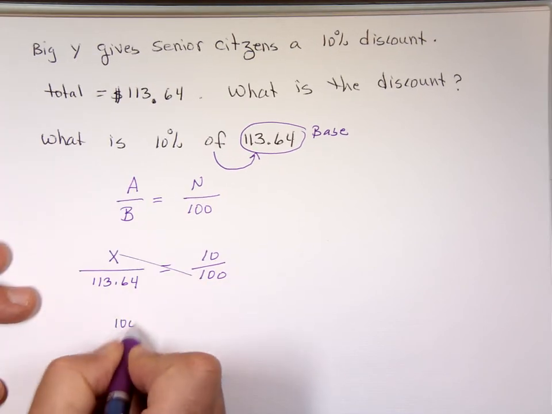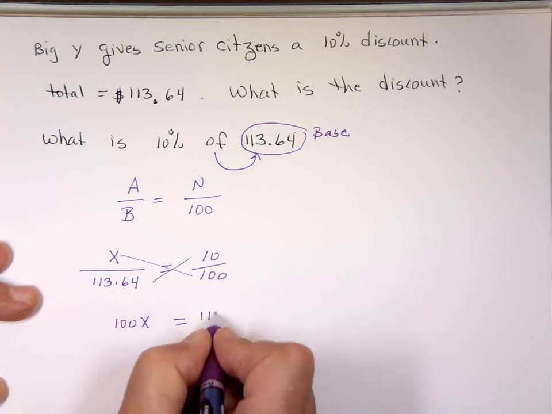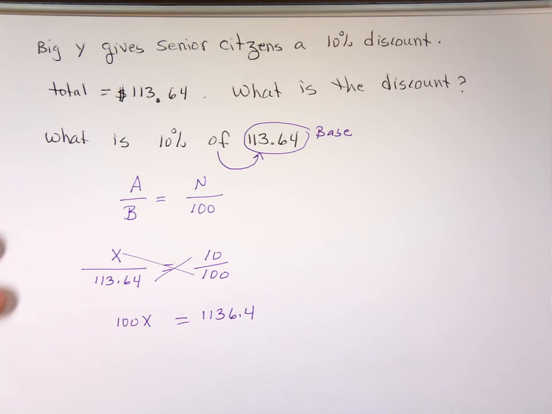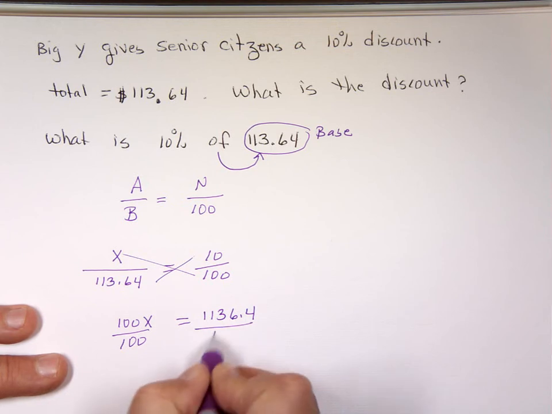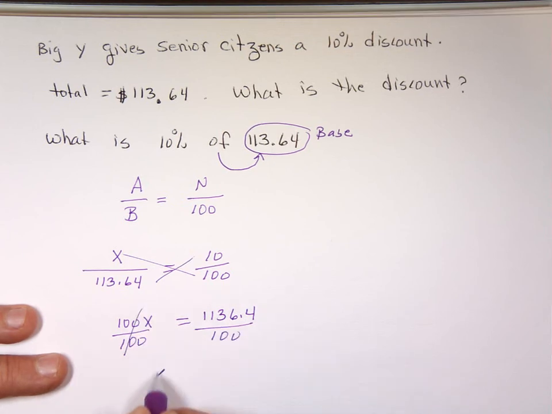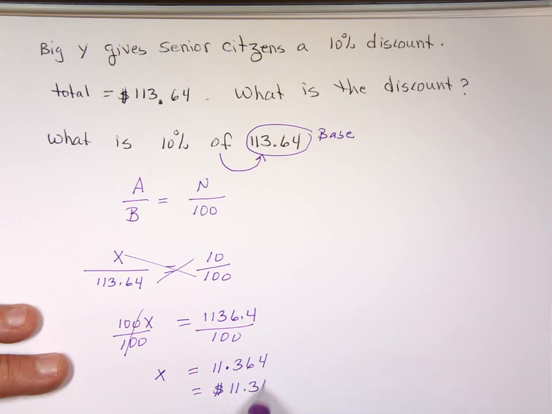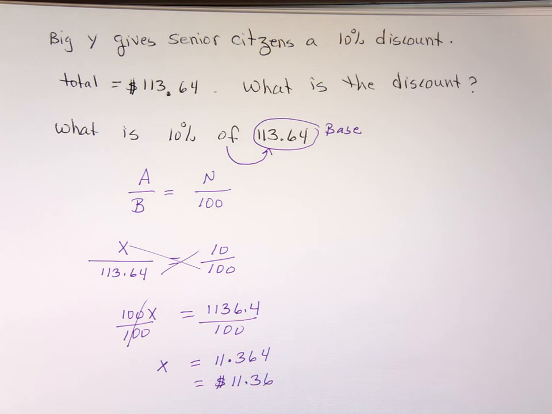So 100x equals, multiply this, you move the decimal point one place. And now to solve for x, you divide by 100. Now you move the decimal point two places to the left. Money-wise, that'll be $11 and 36 cents. So they're going to deduct $11.36 from the 113, and that's going to be my bill at the end. I've got to pay that amount.